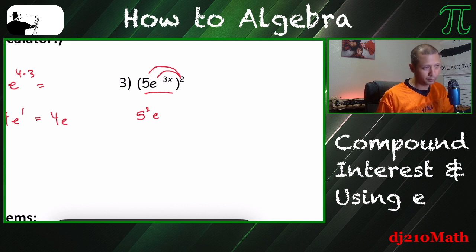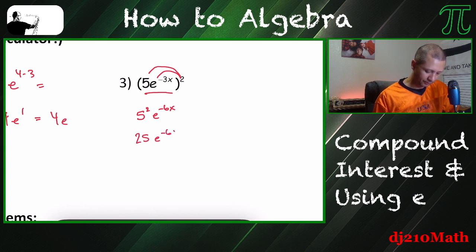So when you have a power to a power, you multiply. This would be negative 6x. So I think we can simplify one more time. Right? 5 squared is 25. E to the negative 6x.